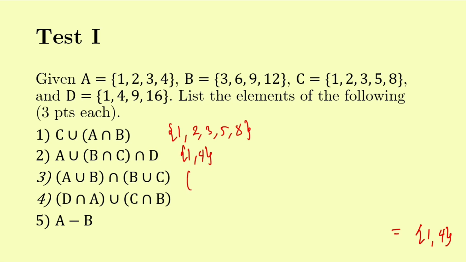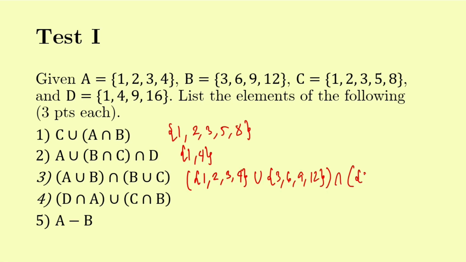So first, we need to, can now erase this one as well. 1, 2, 3, 4, union with 3, 6, 9, 12, intersection with B, 3, 6, 9, 12, union C, which has 1, 2, 3, 5, 8.